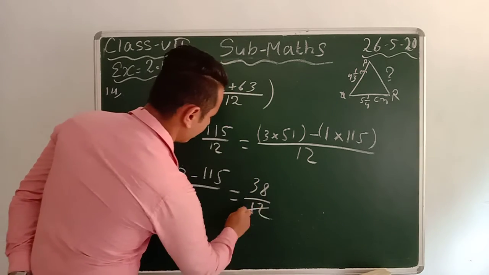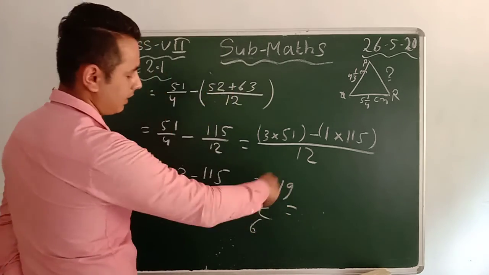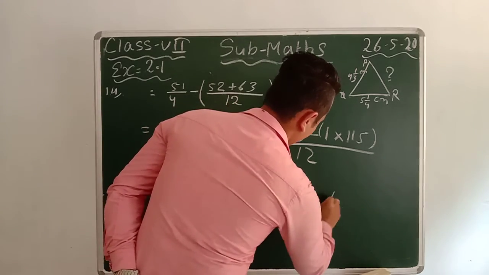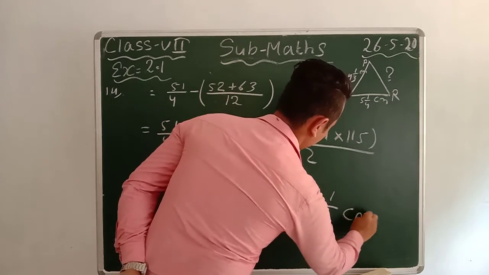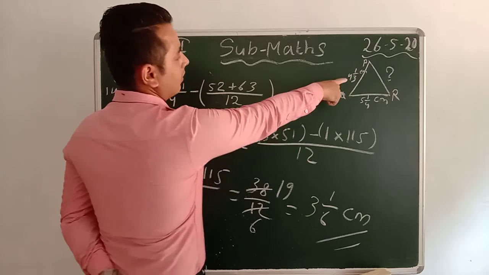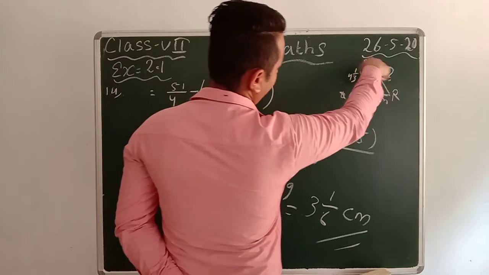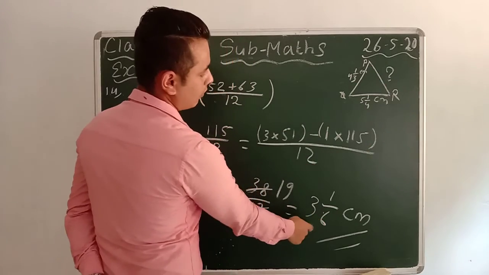Now cut with 2. 2 6s are 12, 2 19s are 38, so 19 by 6 is equal to 3 1 by 6 centimeter. Now PQ is 4 1 by 3 centimeter, QR is 5 1 by 4 centimeter, and PR is 3 1 by 6.